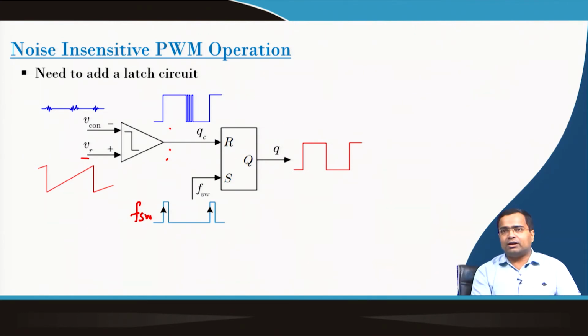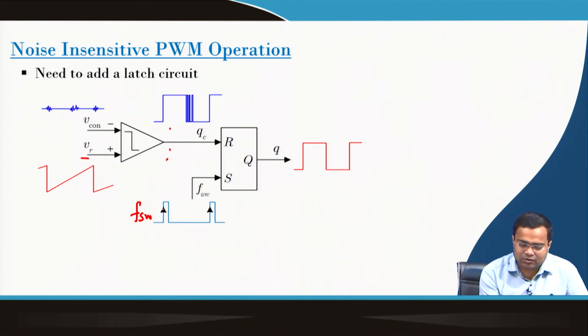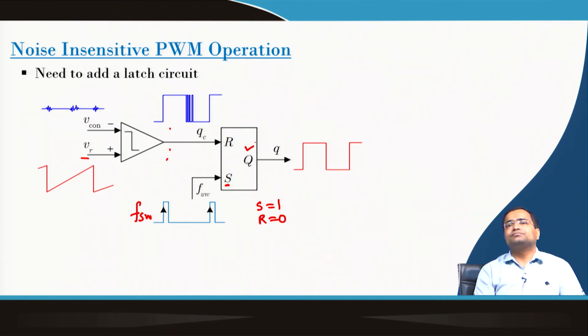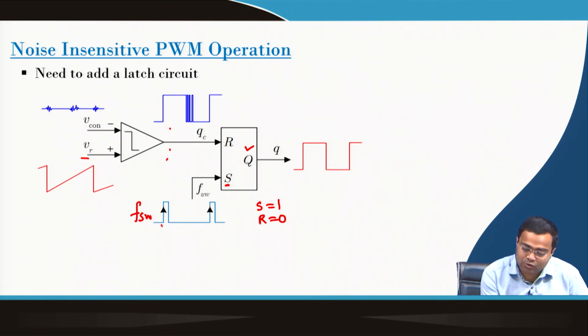And how does it work? Whenever the external clock rising edge has come, the set button is set, provided that our reset is 0. So, when set is 1 and reset is 0, at that time the Q will be 1. So, the switch turns on, and we need to keep this as a very low width.